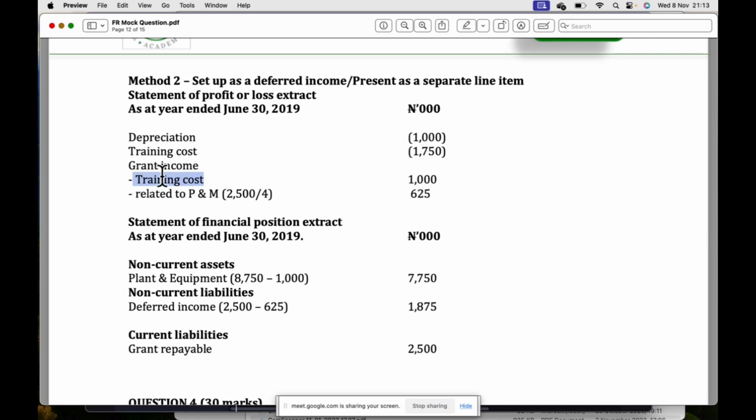The grants they gave us relating to training costs, the government gave us 1 million. So I recognize my 1 million as a separate line item. And the 2.5 million that they gave us as grants related to that asset, since I'm recognizing it as a deferred income now, what's the useful life of that asset?